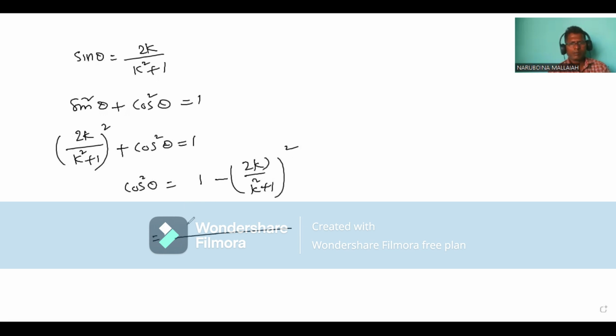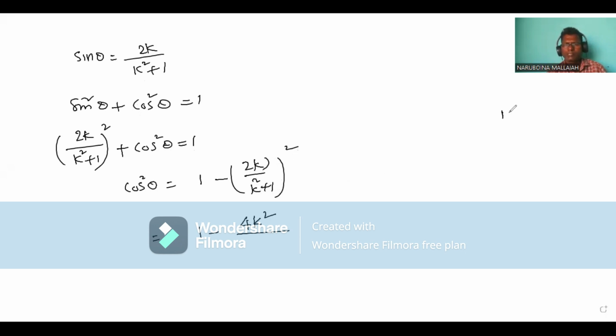Now 1 minus, square this: 1 minus 2k whole square, 2 to the power 2, by squaring k we get k square, by k square plus 1 whole square.